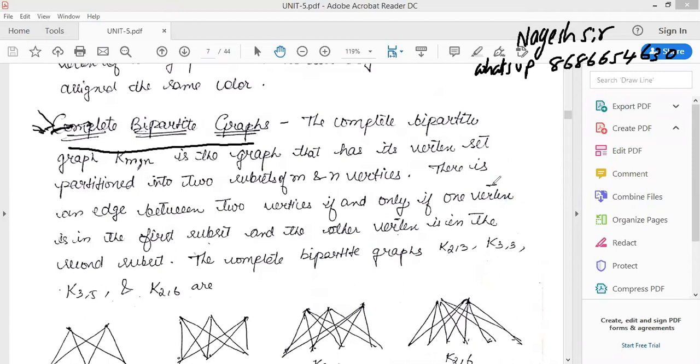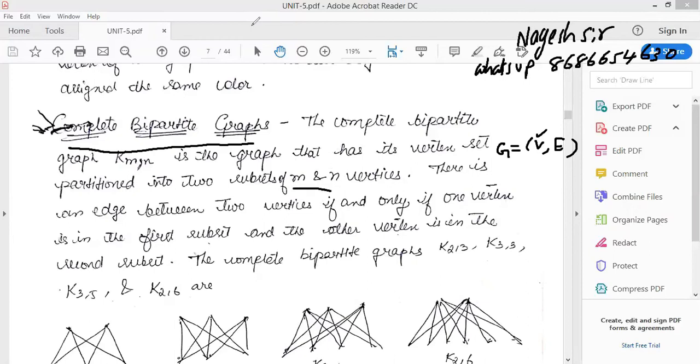If G is a graph with V vertices and E edges, you divide these V vertices into two subsets. One set contains M vertices, another contains N vertices.